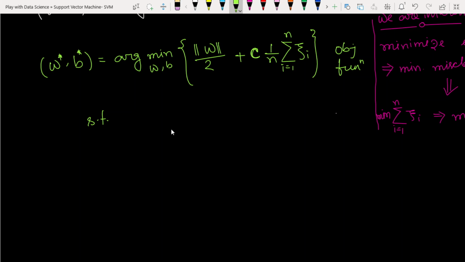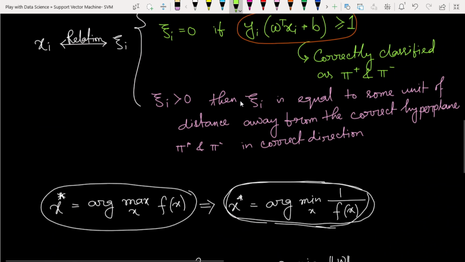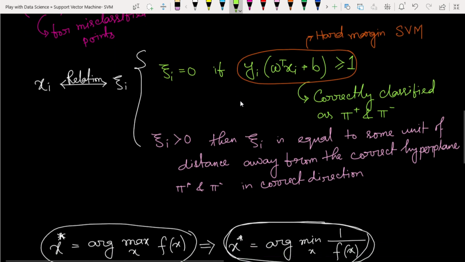It's simply easy. First write down the constraint for hard margin classified points. For hard margin classified, we see that this equals to +1. Now here we simply include one term, that is zeta i.